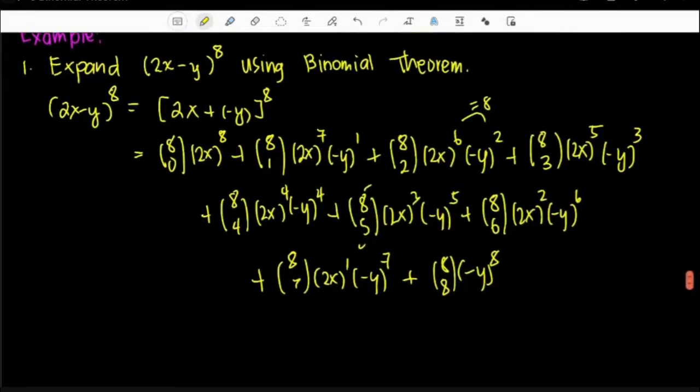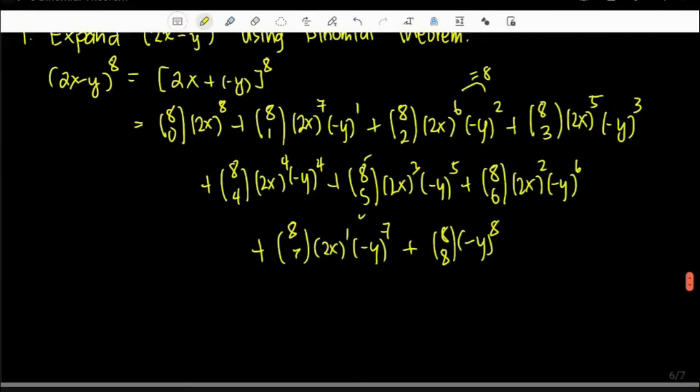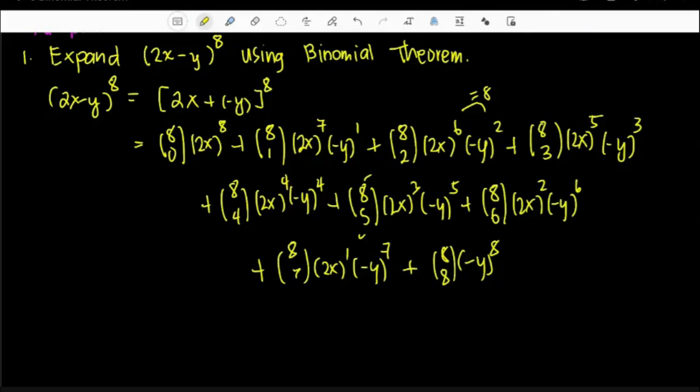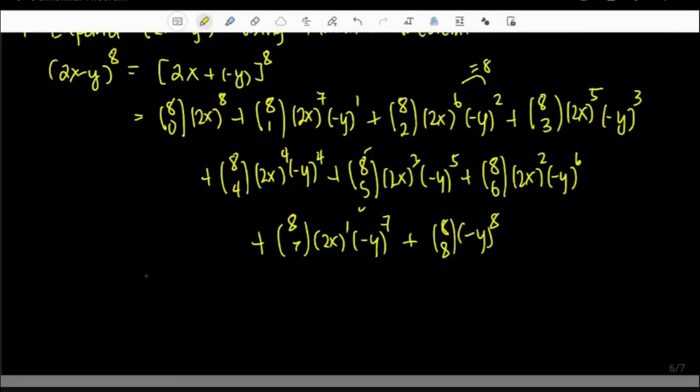Okay? Now, if you already have the values for the Pascal triangle, you can go ahead and substitute the values for 8 taken 0, 8 taken 1, 8 taken 2, and so on. Anyway, pwede mo namang i-calculate na lang. So, if we simplify the coefficients, 8 taken 0 times 2 to the 8, so that gives us 256.